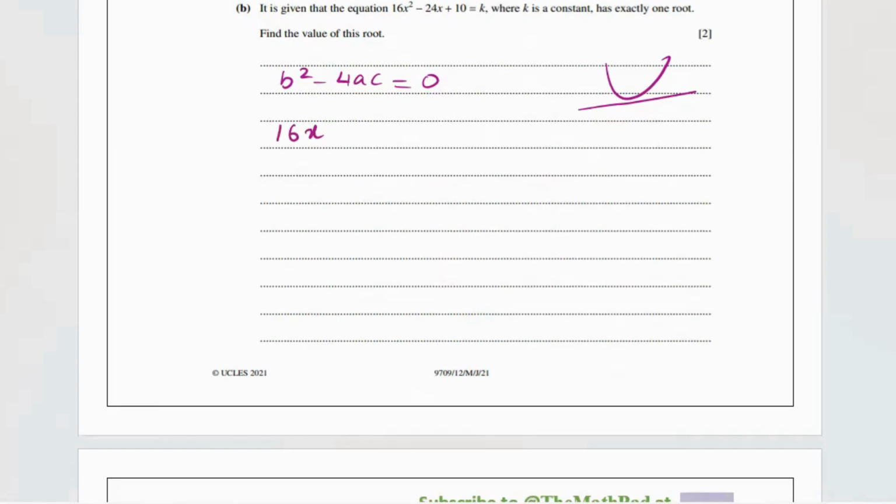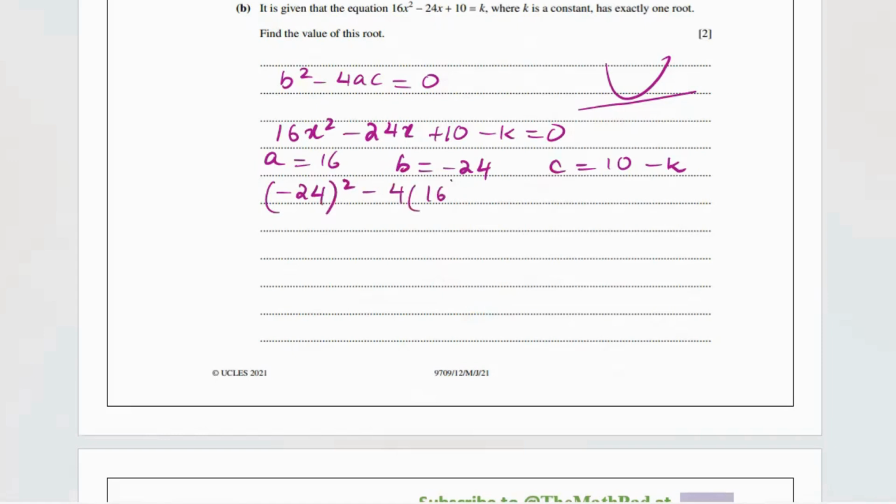So 16x squared minus 24x plus 10 minus k equals 0. A is 16, b is negative 24, c is 10 minus k. So it's going to be (negative 24) squared minus 4 times 16 times (10 minus k) equal to 0. 576.